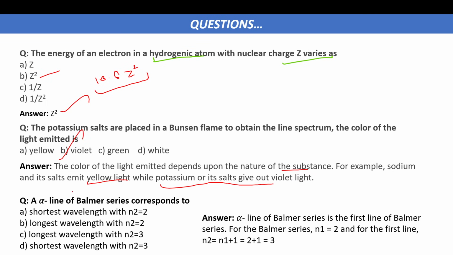So alpha line means it is the first line of Balmer series.